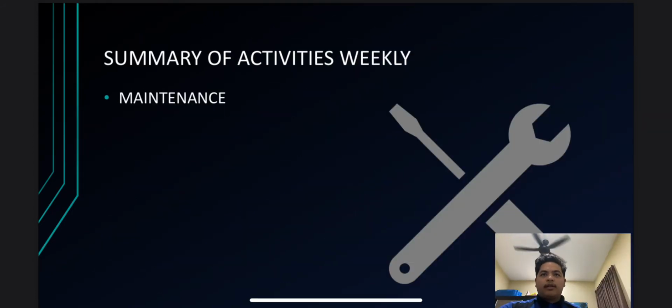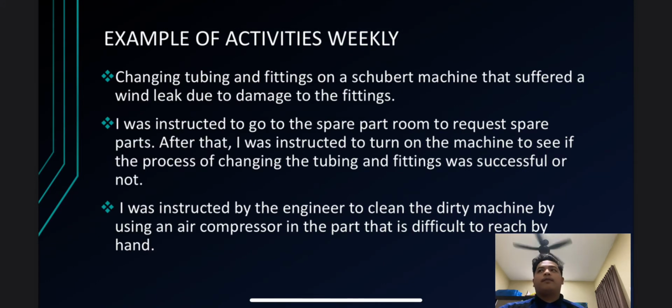So the next one is summary of activity quickly. I was doing the activity of maintenance of machine. For example, weekly activity, have a maintenance on the machine. The machine uses pneumatic and hydraulic. So many of my activities are servicing or changing tubing and fitting, because tubing and fitting most have a problem every week, because the tubing or fitting is broken.